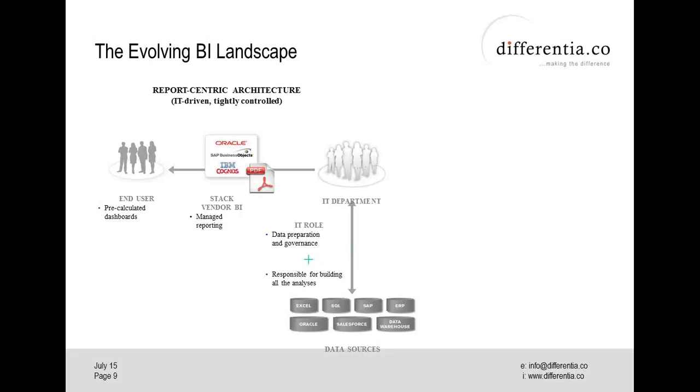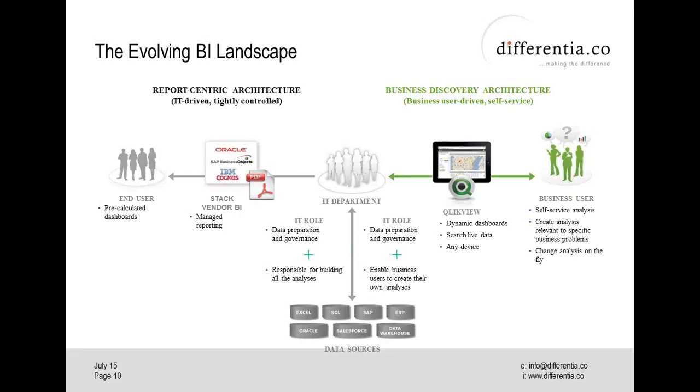What happened though was business users needed a much more flexible way to get at their data, to be able to do their own analysis. And so products like QlikView developed this idea of dynamic dashboards, the ability to search live data in real time and to deploy that on any device.